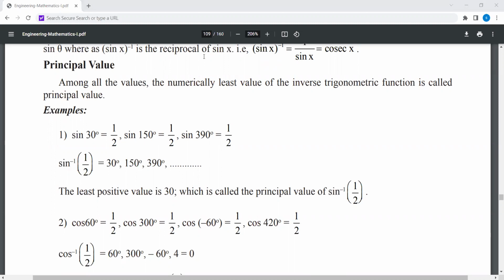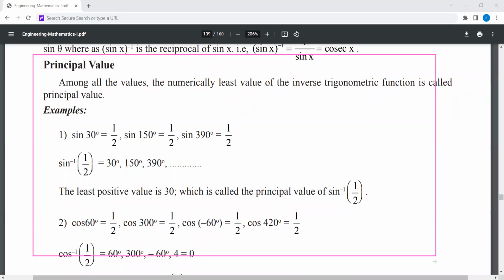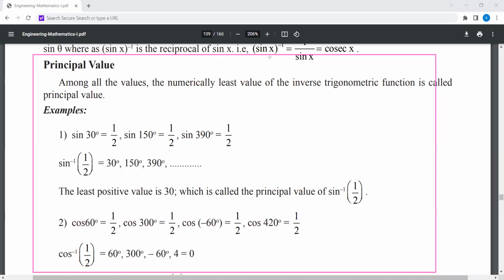Among all the values, the numerically least value of the inverse trigonometric function is called the principal value.